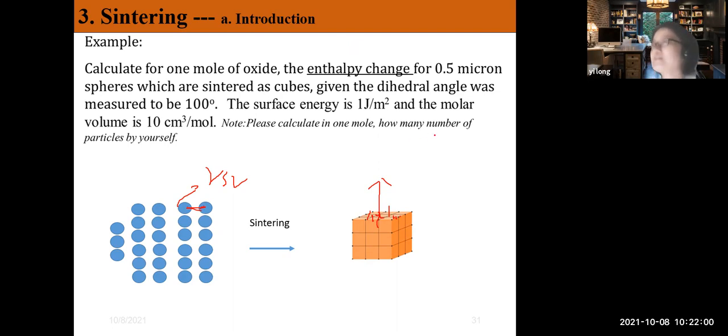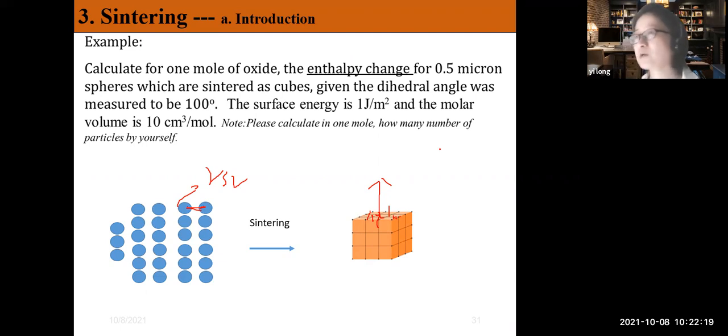Before, when you separate, you have two particles with gamma SV, but now you bond together, so you have solid and solid. This solid is grain boundaries. First of all, we have to calculate the gamma GB.